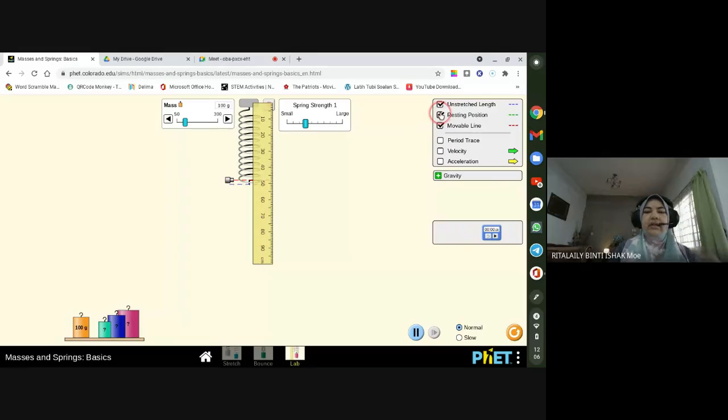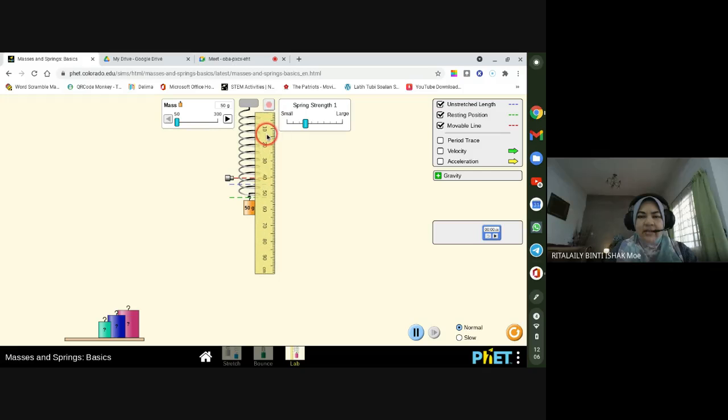Let's say we hang a 50-gram mass or load onto the spring. Before that, we must place the ruler so it is easier for us to read the data.